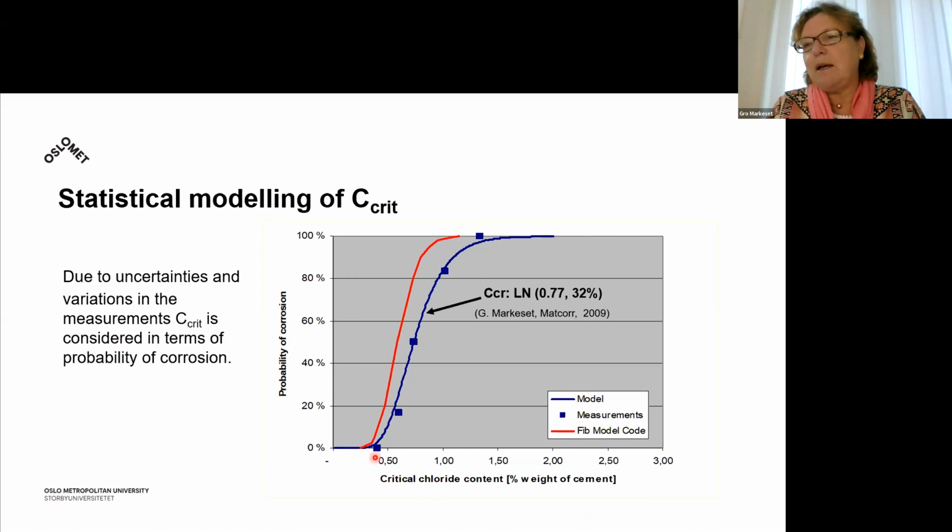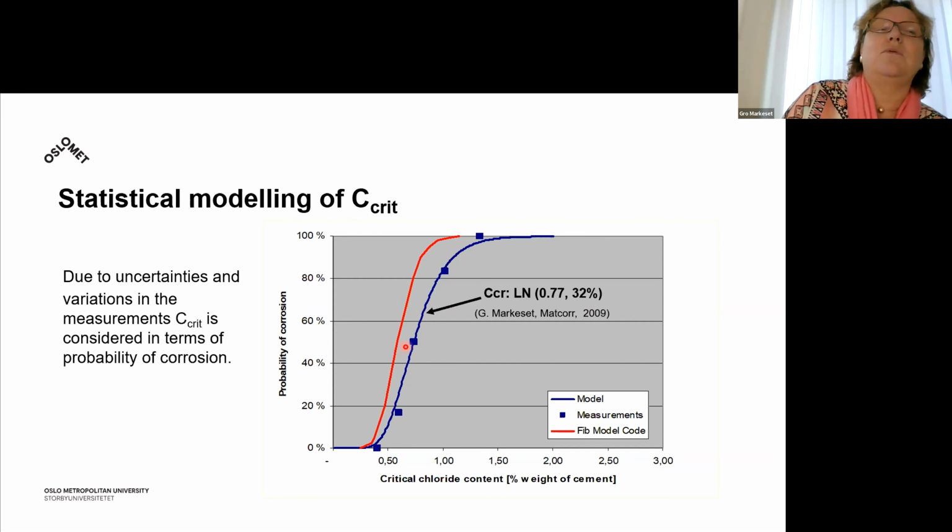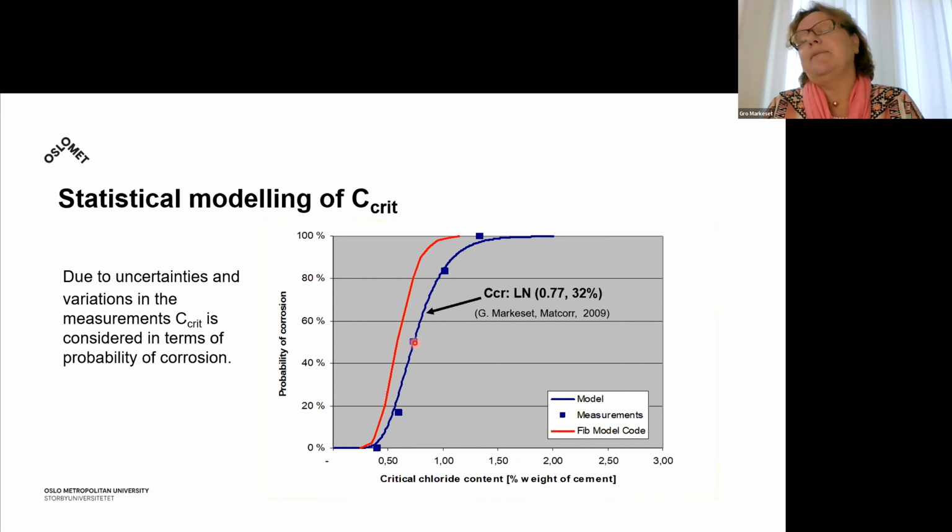So when we interpreted the results, we looked at those areas where we have measurements. We installed 14 corrosion sensors. 2 of them were broken, so we had 12 we could investigate.